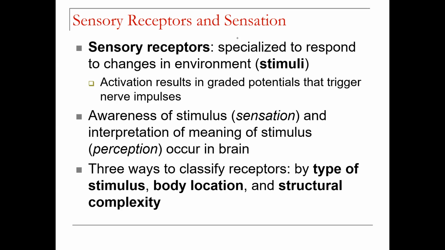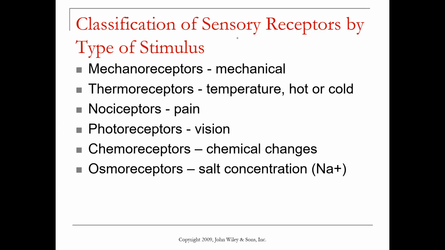Anyway, receptors can be classified. These sensory receptors we have throughout our body can be classified 3 different ways: by the type of the stimulus, where they are located in the body, and how complex they are. Type of stimulus, we have a variety here. We have what are known as mechanoreceptors.